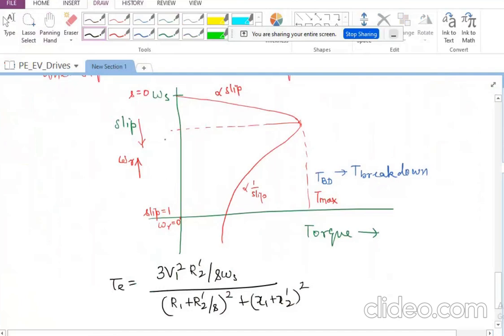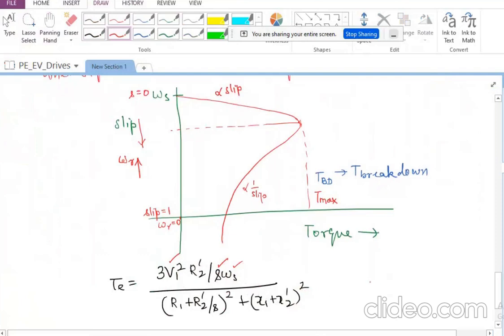The major changing parameter in this whole thing is only slip. All the other things are machine parameters. Whether it is stator resistance, rotor resistance, stator leakage reactance or rotor leakage reactance, all of them are machine constants. And if I assume that it is working at 50 hertz and 440 volts or something like that, all these quantities are also constants.